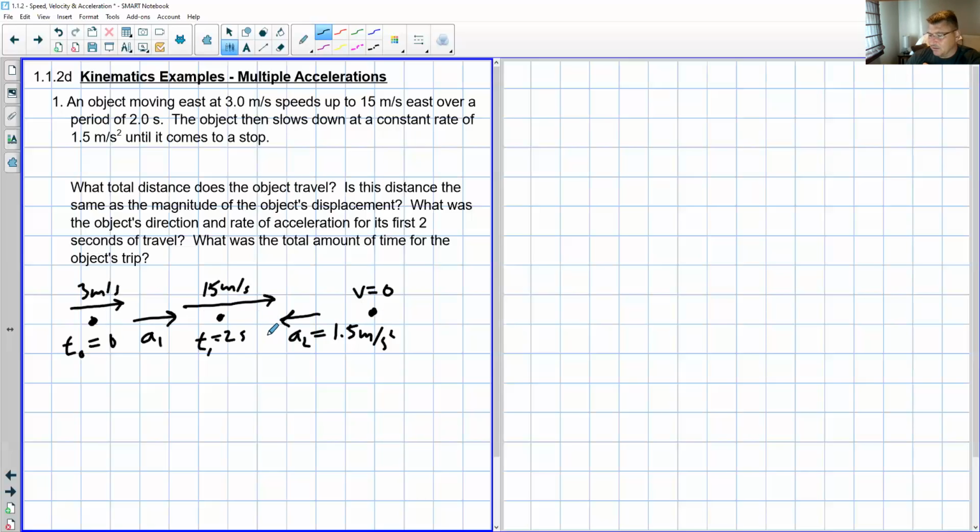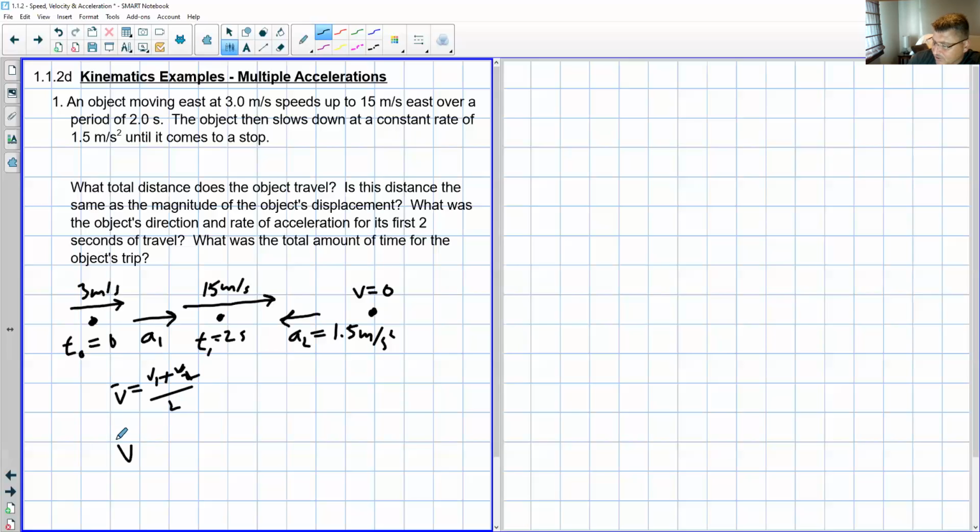So for me, one of the things that I like to do right away is calculate average speeds whenever I can. So I can see that the average speed for this interval, I can say V average is (V1 plus V2) over 2.